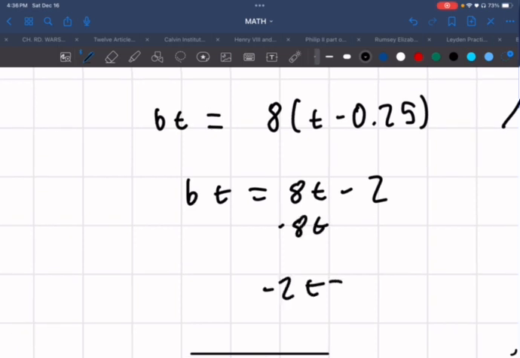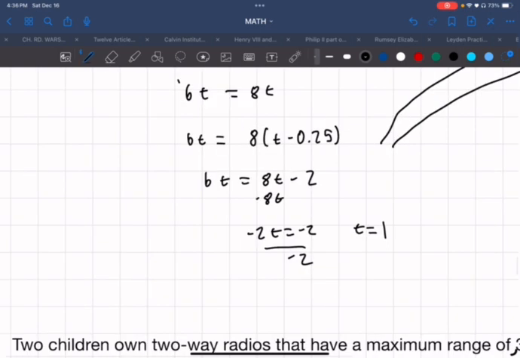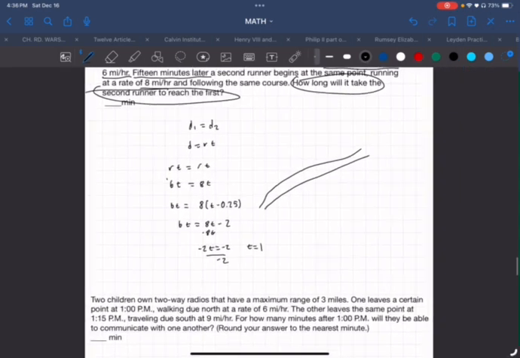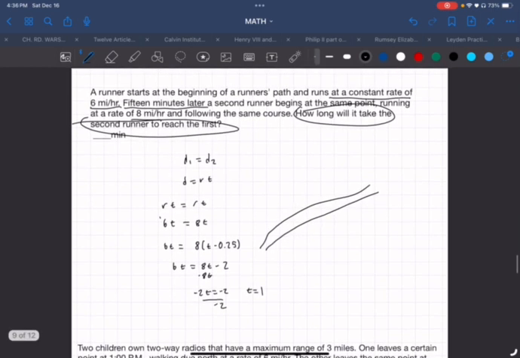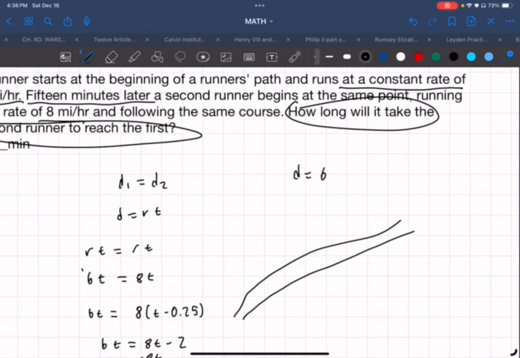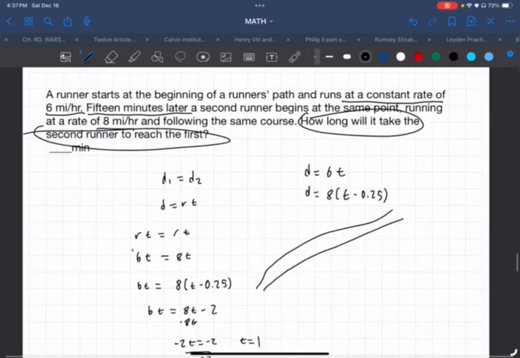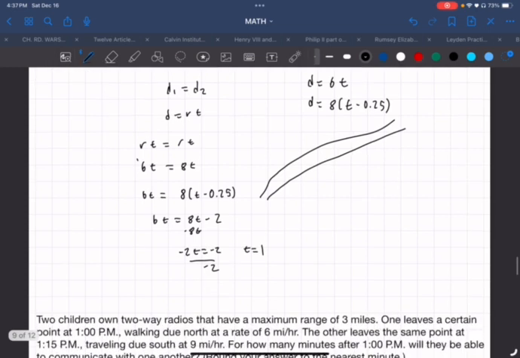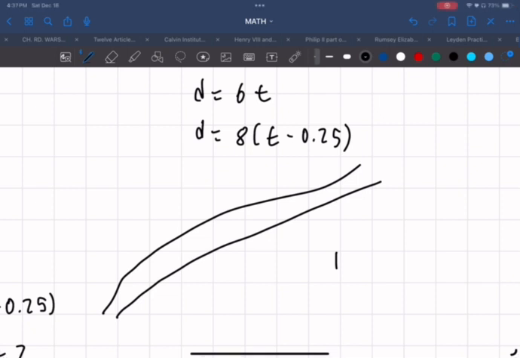Wait, okay, sorry. T equals 1. It should just be 1 minus 0.25 then, I guess, or 0.75, which would be 45 minutes.